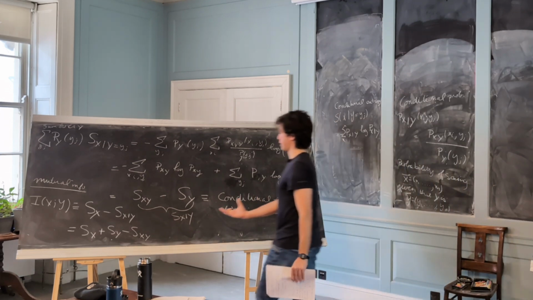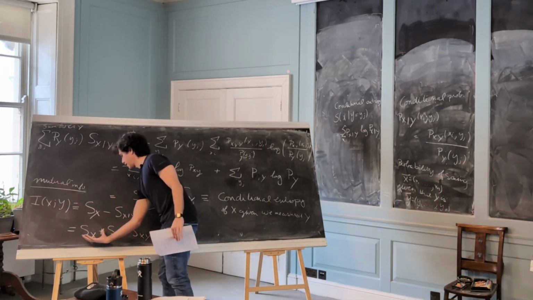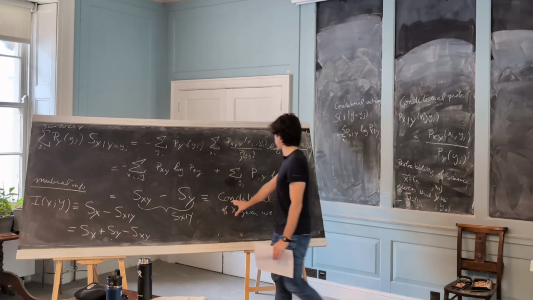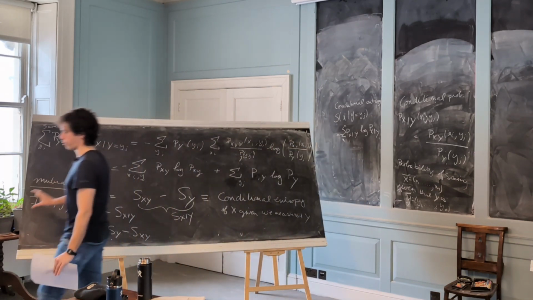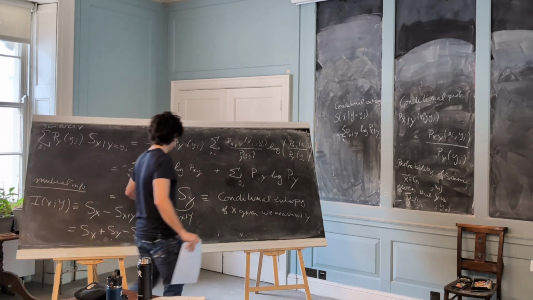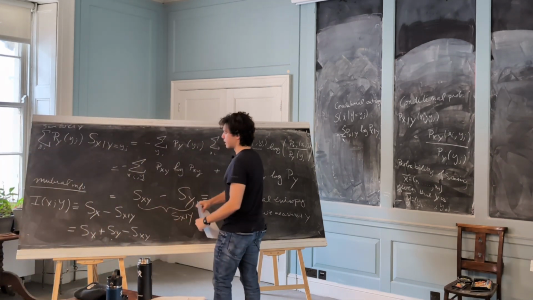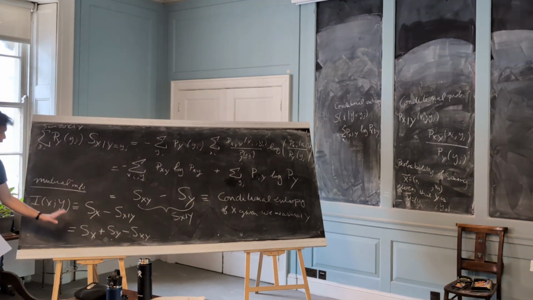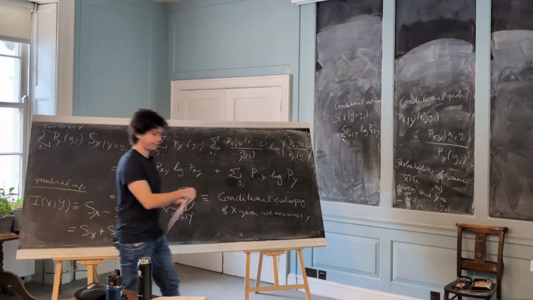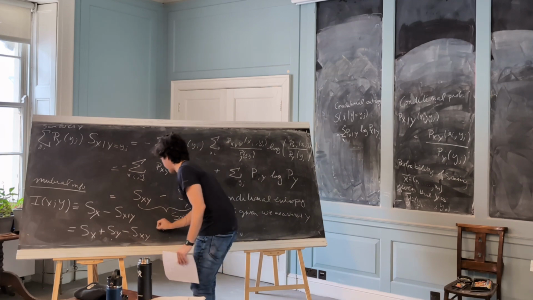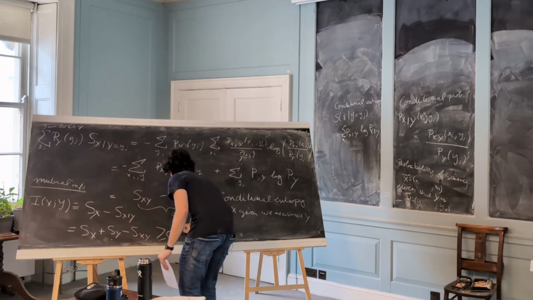As you can see, the conditional entropy tells you how much information is left in the state X, given that you measured the state Y. This mutual information symmetrizes it and tells you how much you learn about one system given that you know the state of the other. Okay? And the nice thing about the mutual information is that it is greater than 0 by definition.